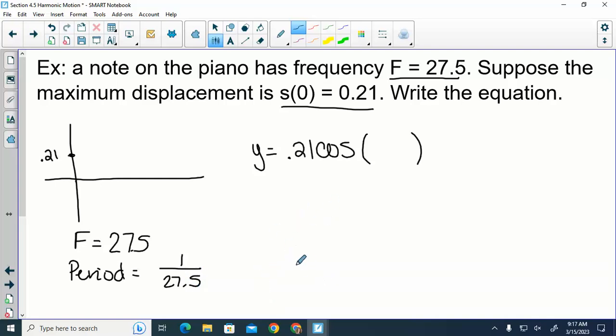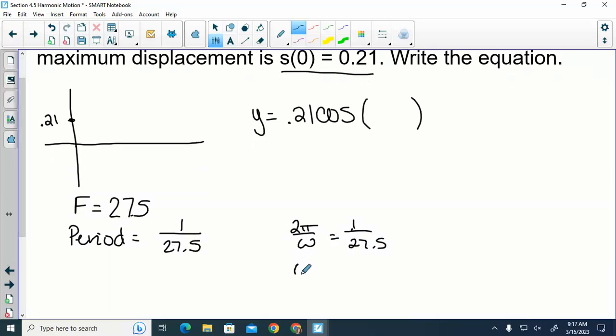So think about how we find period. 2 pi over omega equals 1 over 27.5. Let's multiply. Omega is 55 pi. So this is 0.21 cosine of 55 pi.